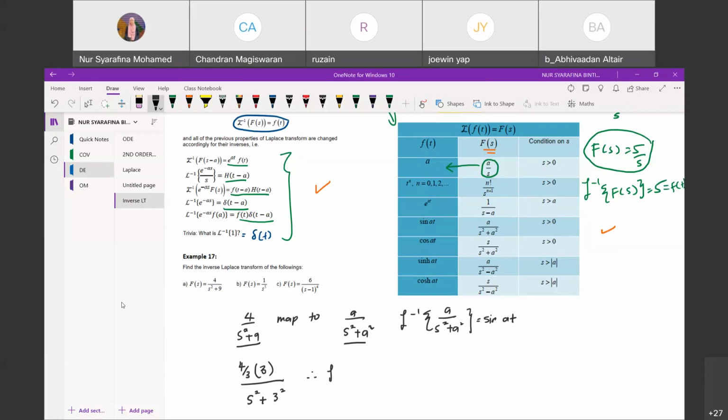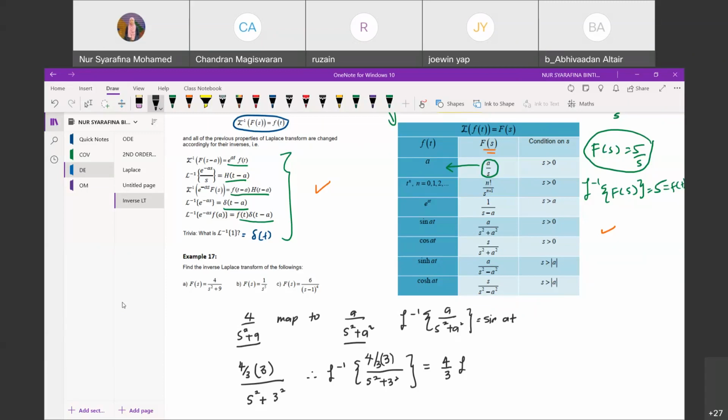So the inverse transform of 4 over 3 times 3 over s squared plus 3 squared can also be written as 4 over 3 by the linearity property.